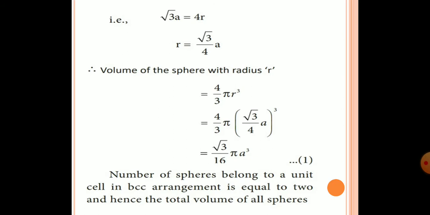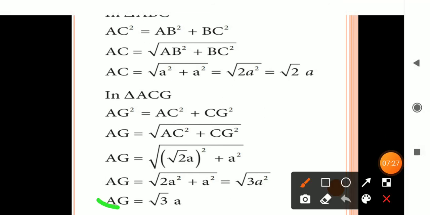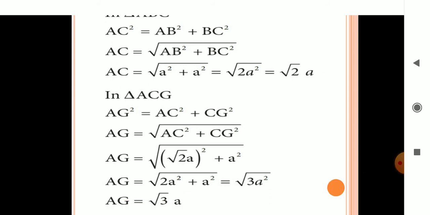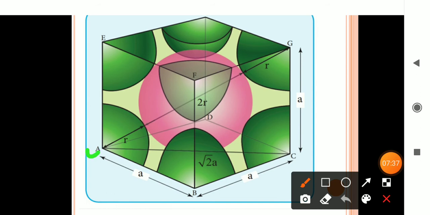Then we can have root 3A is equal to 4R. Why is root 3A equal to 4R? Look here, AG is equal to root 3A. So what is AG? Look in the picture. A is here and G is here.